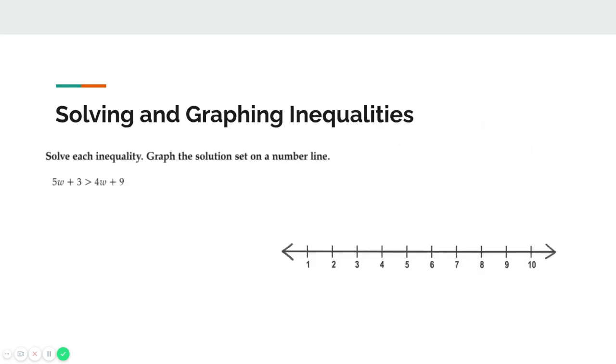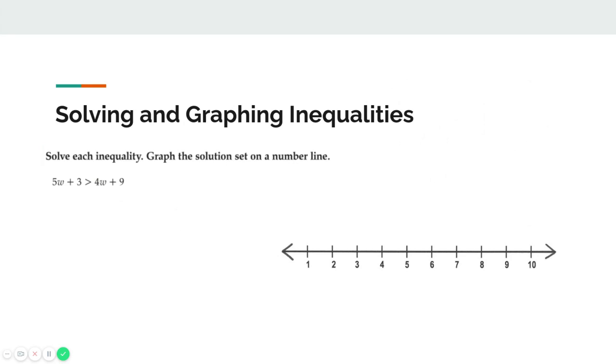So let's solve an inequality here. We have 5w plus 3 is greater than 4w plus 9. We need to get the w all by itself on one side and the numbers all by themselves on the other side. First I'm going to use the I test to determine whether it would be better to subtract 5w from both sides or to subtract 4w from both sides.